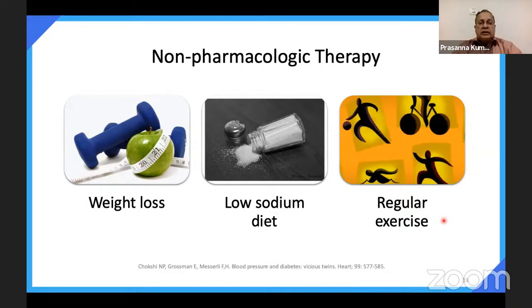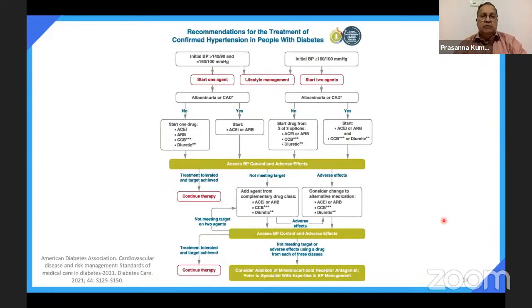Most of these diets contain anywhere between 15 to 30 grams of sodium. Ask them to restrict sodium intake to less than 10 grams per day. If they are not exercising, ask them to do exercise at least 30 minutes per day, 5 days a week, 150 minutes per week.